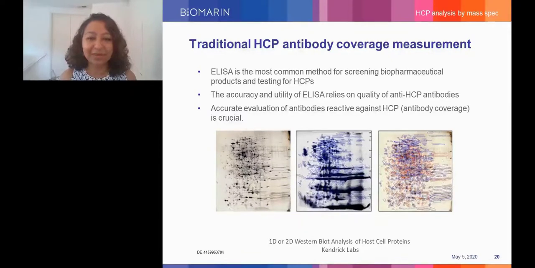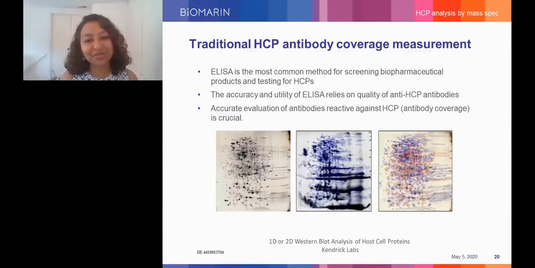With antibodies, what you could do is compare the proteins that you see in a 2D gel in your material. Let's say you're using a harvest material to inject into animals and elicit an antibody response, and then you're going to use those antibodies as your reagent for the ELISA.